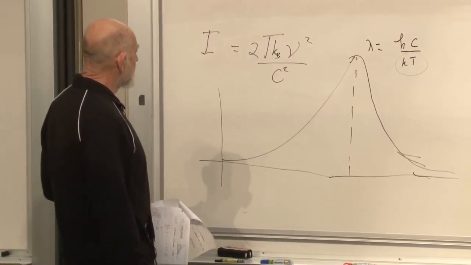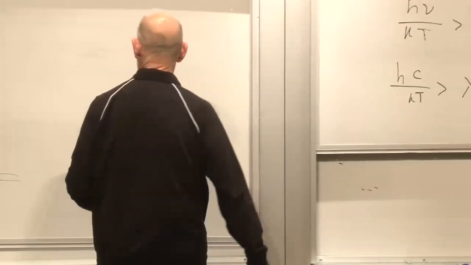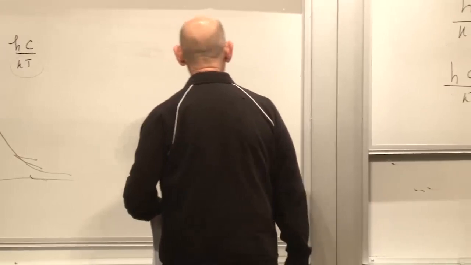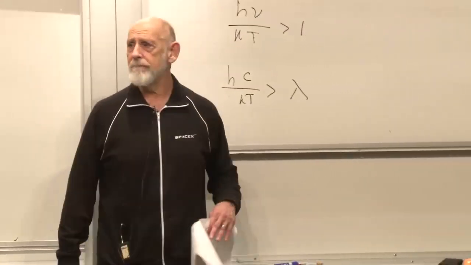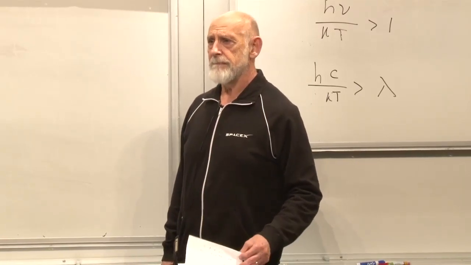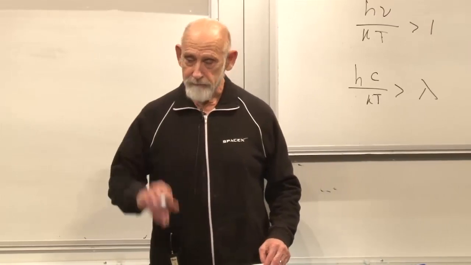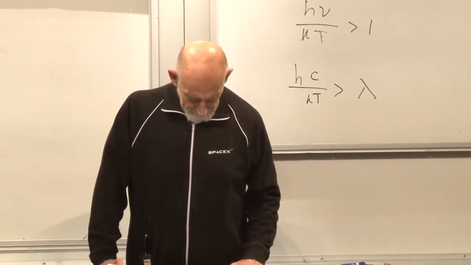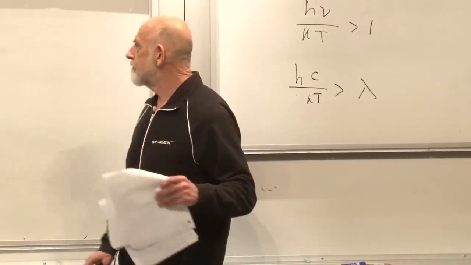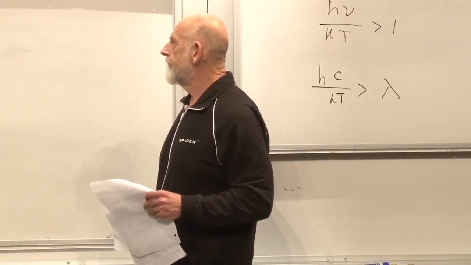So the rest of the units don't go in that. Well, I don't know. If you want me to work it out, we can do it. They work out. H bar is energy times time, c is length over time. Yeah. It gives you lambda. Thank you. I think he's looking at the units of I.